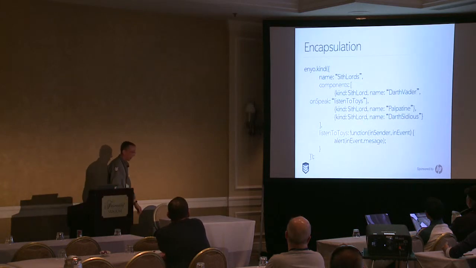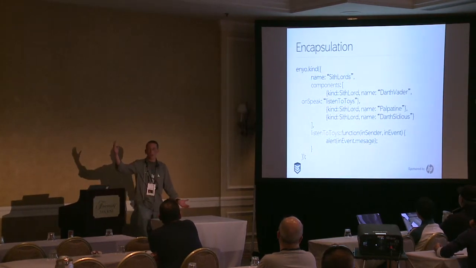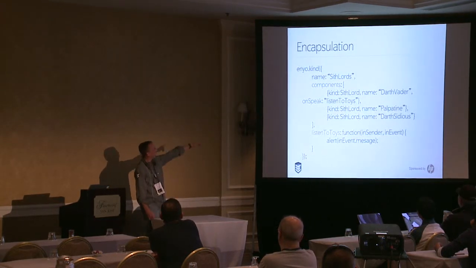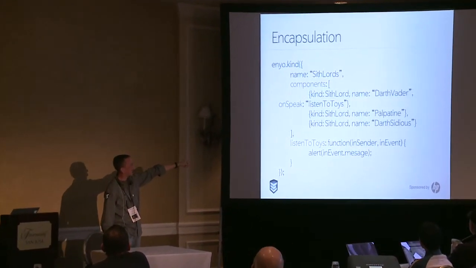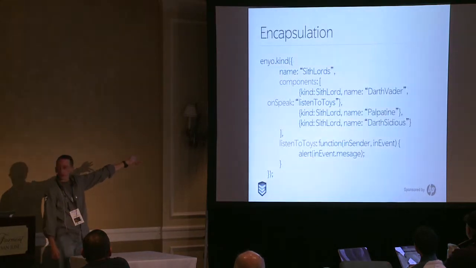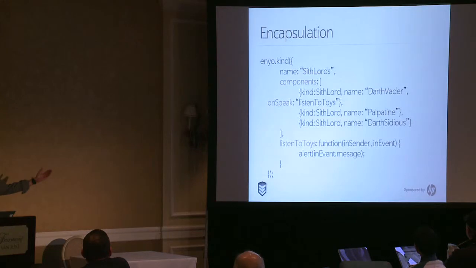For the encapsulation stuff, this is showing an example where I have a collection of these kinds. I have a kind, Sith Lords. Its components block will list other Enyo kinds: kind Sith Lord, kind Sith Lord, kind Sith Lord. Now, Darth Vader is the only one I'm listening to for the onSpeak event, and whenever I get it, I'm going to run this listenToToys function.